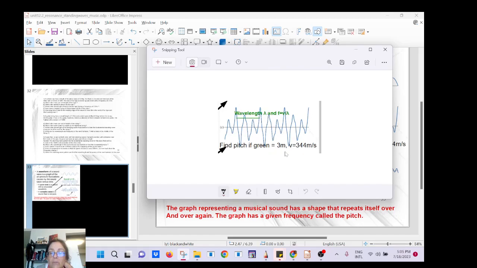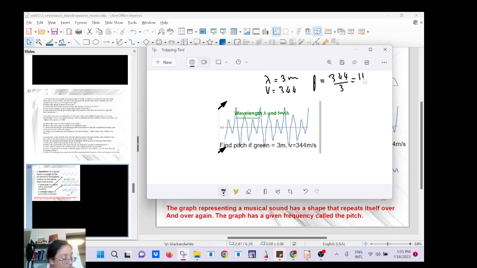So let's try to find the frequency. The wavelength here is 3, so that will be 3 meters. The speed is 344. So the frequency of that sound that you are playing with your instrument is going to be 344 divided by 3.